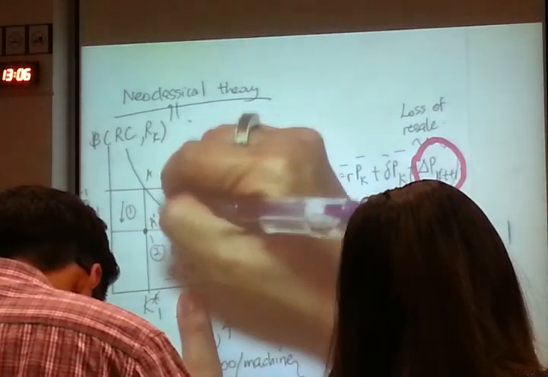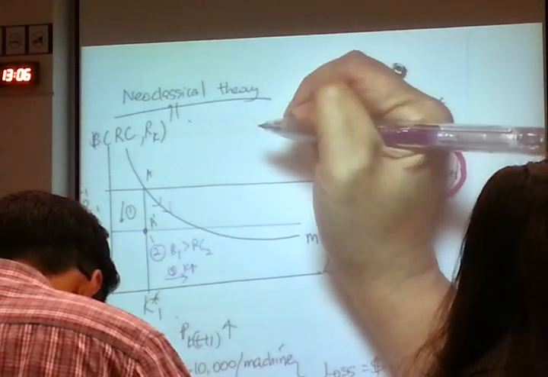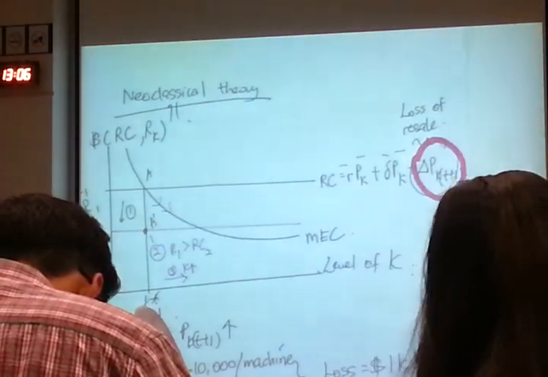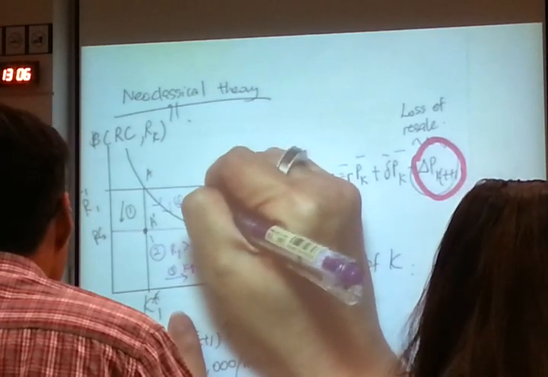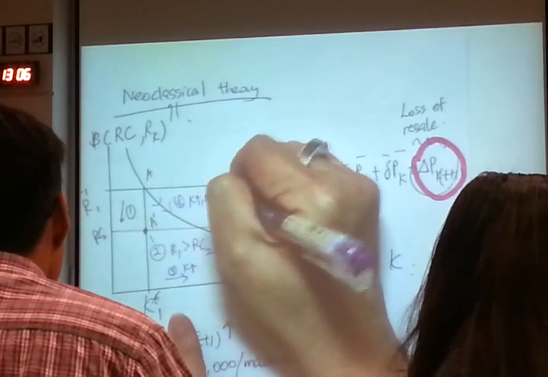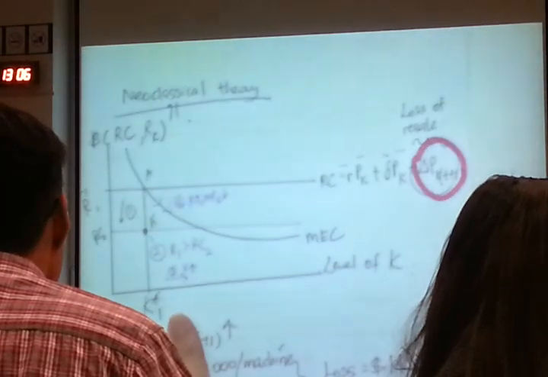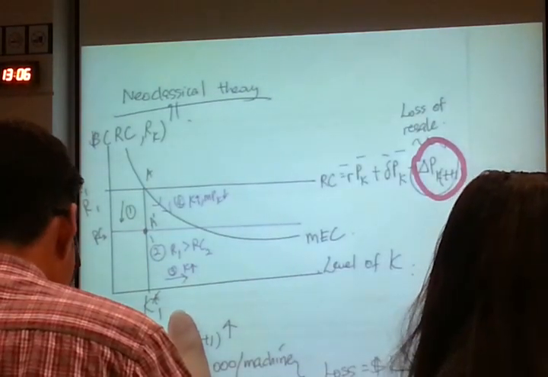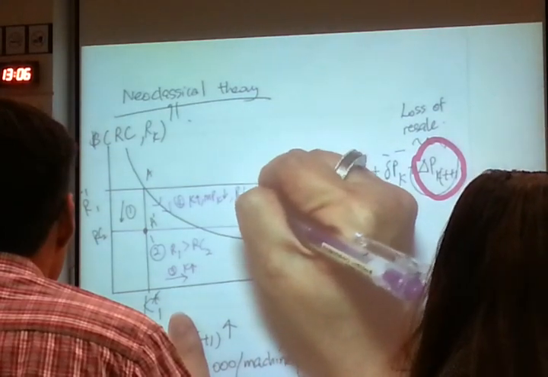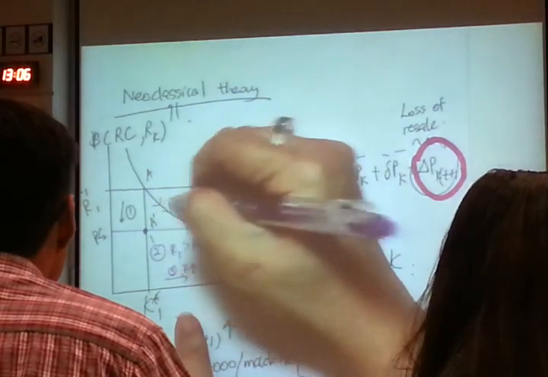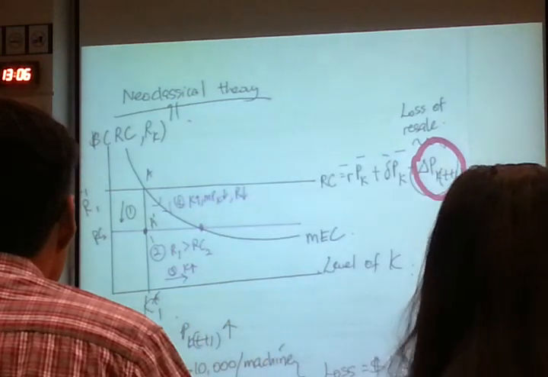But there's a step 4 here. You want to show there's a movement, but how? You apply the law of diminishing returns. K increases, MPK will drop. The productivity of the machine drops, equivalent to the returns of the machine dropping. That's why you slide down until you reach point B.